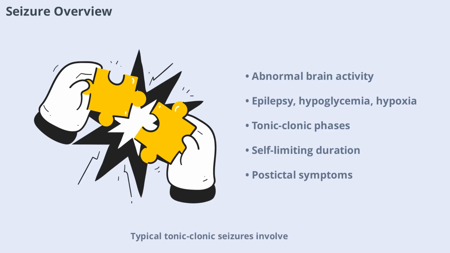Typical tonic-clonic seizures involve major skeletal muscle contractions, loss of consciousness, apnea, cyanosis, and tongue biting. The clonic phase features alternating muscle relaxation and contraction. Most seizures are self-limiting, lasting 1 to 2 minutes, followed by postictal drowsiness, fatigue, and confusion.